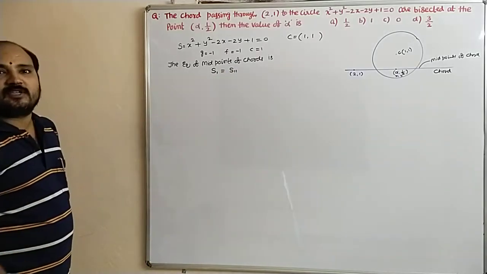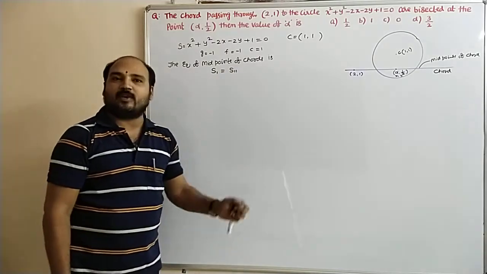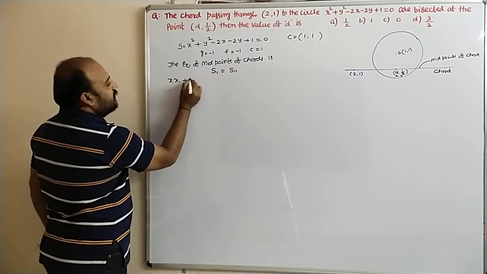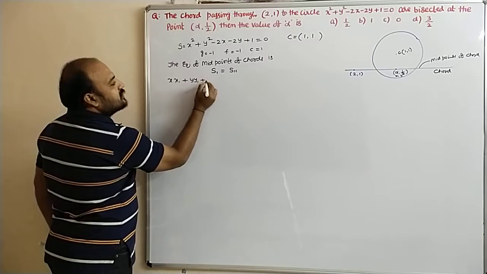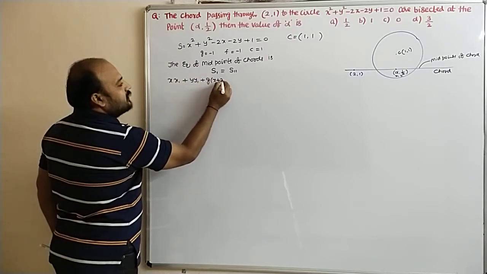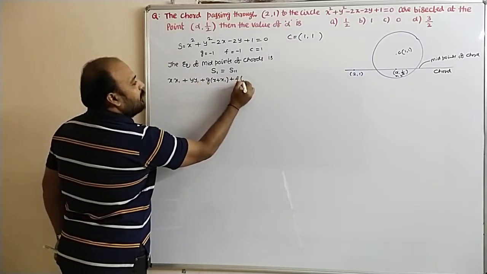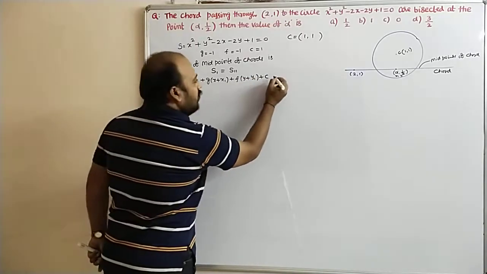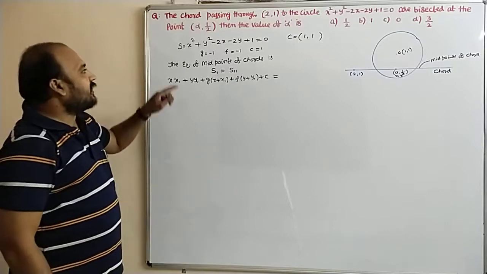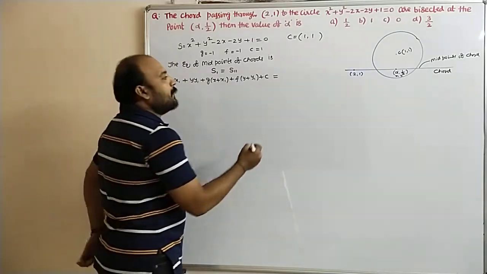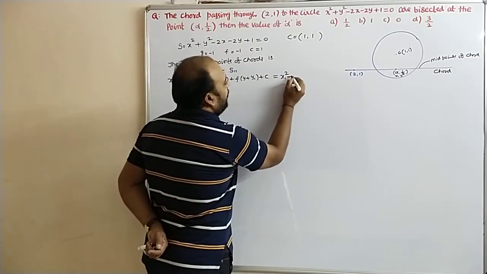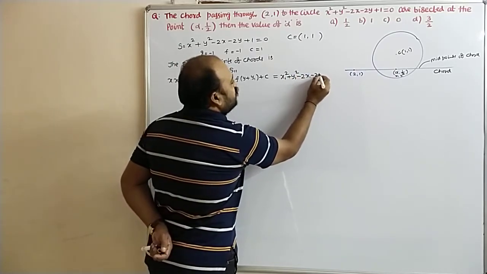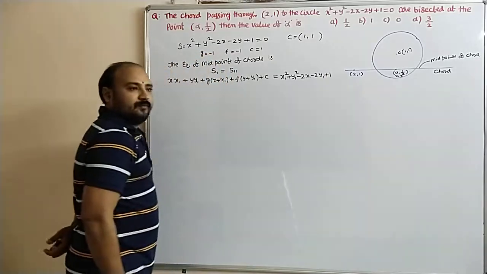According to the given equation of circle, you have to write the equation. So S1: x x1 plus y y1 plus g into x plus x1 plus f into y plus y1 plus c, which is equal to S11, means wherever x comma y is there, x1 y1 you have to replace. x1 square plus y1 square minus 2x1 minus 2y1 plus 1.